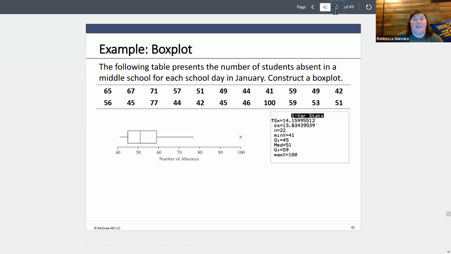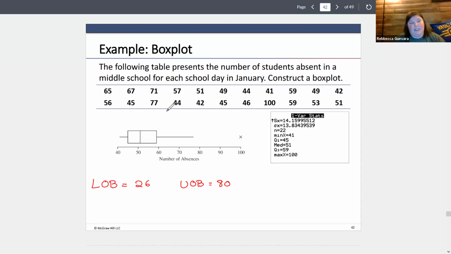So this represents those students in January who are missing several days. When we were figuring out the lower outlier boundary, what did we have? 45 plus 20 minus 21, and we had 26. And then the upper outlier boundary, I'm trying to remember off the top of my head, was 80.